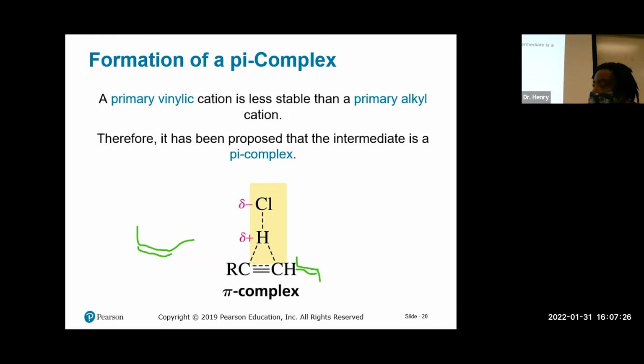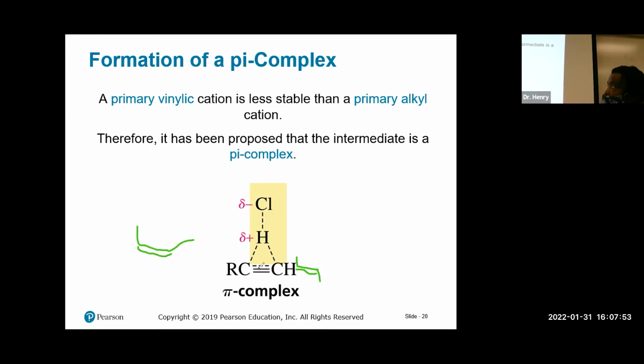right? So in other words, this hydrochloride compound is going to be interacting with both of the carbons potentially, right? Again, using that concept of partial positive and partial negative, this guy is partial positive, this guy is partial negative, right?